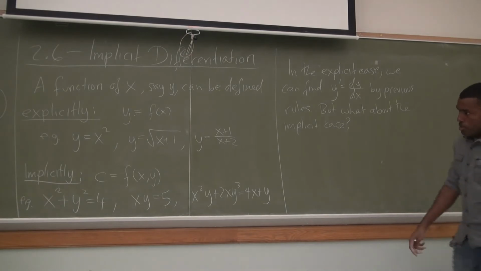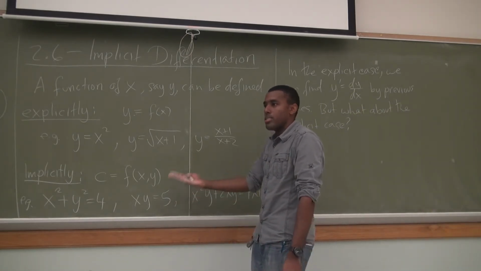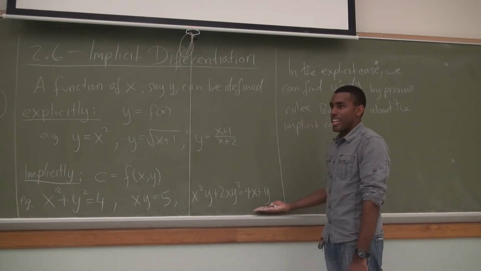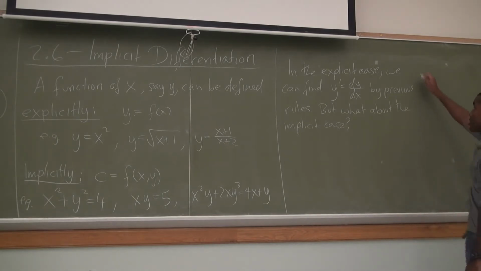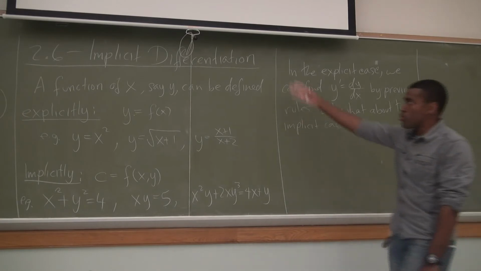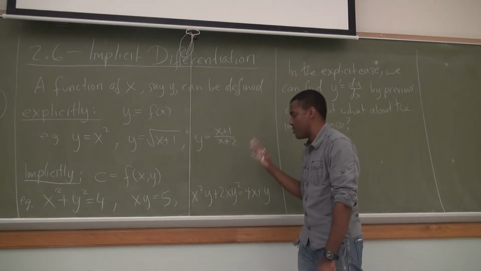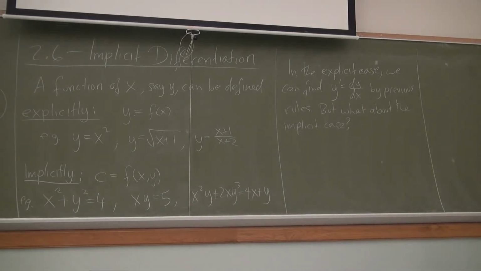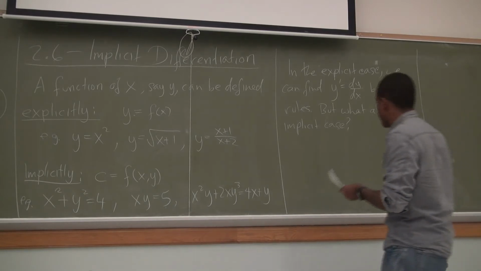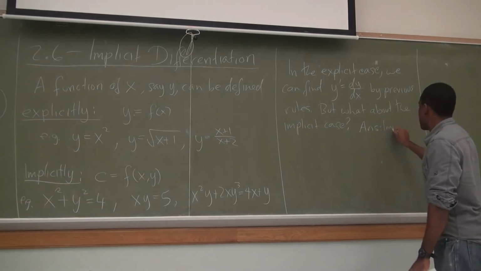Now you might say, well, if you give me something like this, I can just solve for y and find the derivative. But you can have guys like these where solving for y is probably not an option, not expedient, or sometimes just plain old impossible. So implicit differentiation is really meant to deal with this situation. If you're defining the function implicitly and you want to find the derivative of one of these guys, how do you do it? You use implicit differentiation. That's the problem that it seeks to answer.